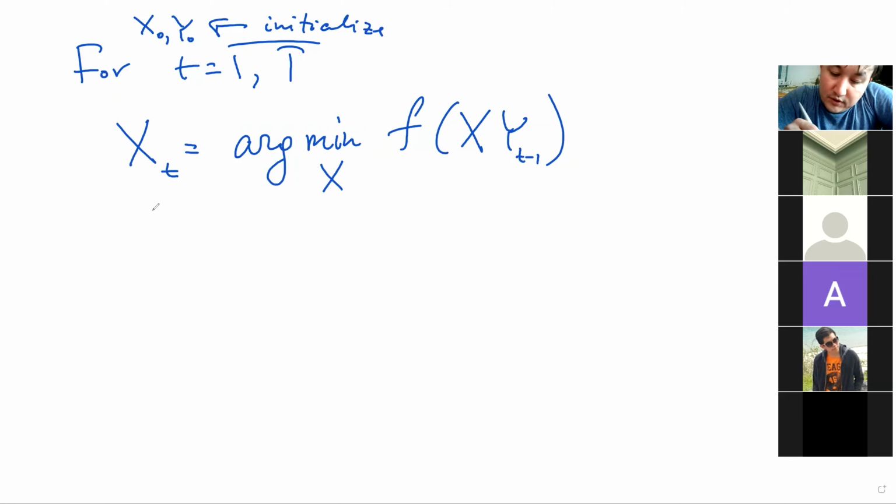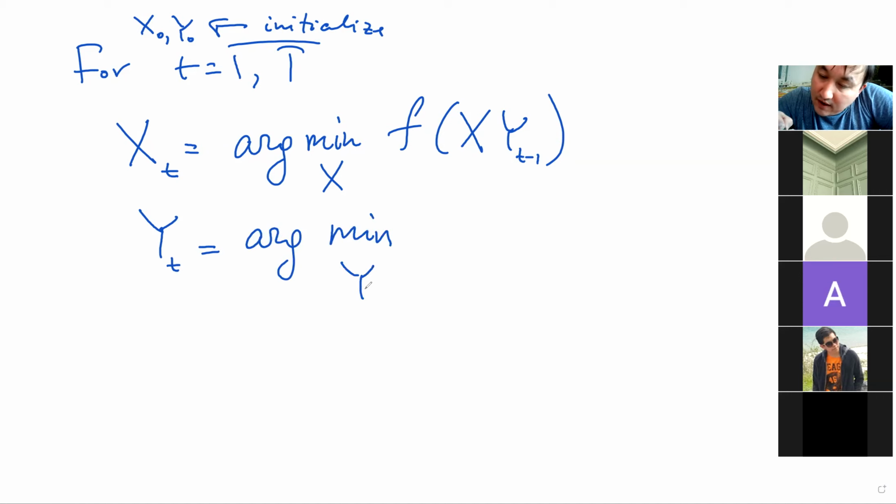After you calculate Xt, in the next step you calculate Yt. This is the argument at which the minimum of the function f of Xt, Y is attained. And you repeat this until it converges. Roughly speaking, you start from X0, Y0, initialized randomly. Then for fixed X0, you optimize over X and you find X1.